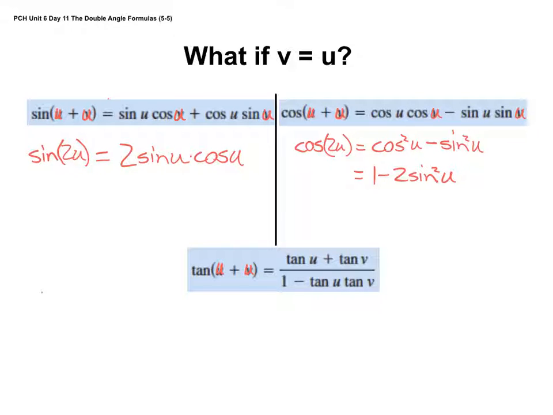Is there anything else that we could do? We replace the cosine squared with sine squared. Replace the sine squared with cosine squared. Yeah, there we go.